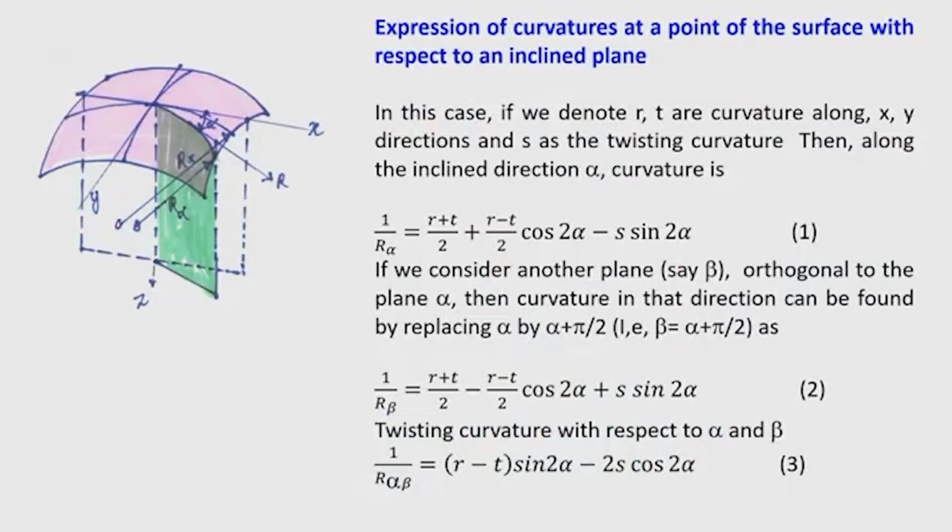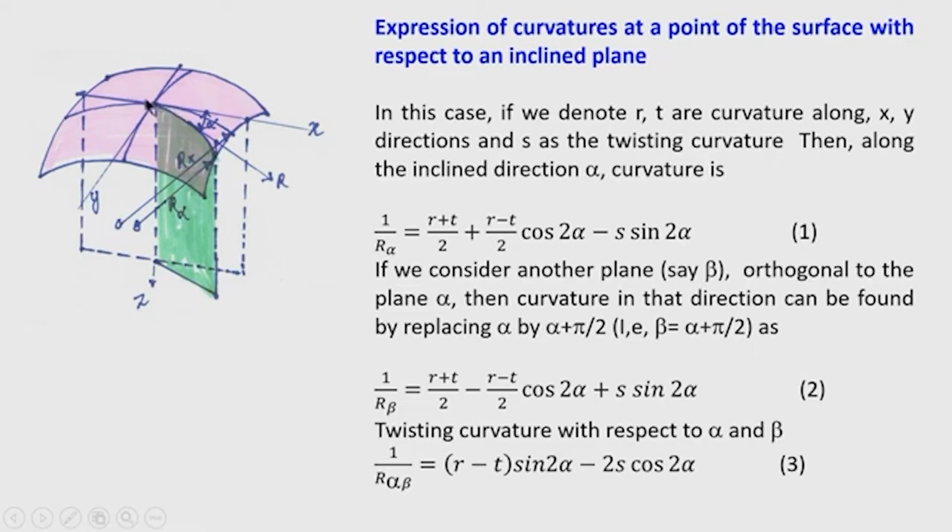So, if the new direction is alpha, we have to find the slope along alpha, that is del z by del alpha and del square z by del alpha square. Making this transformation of the derivatives, we get 1 by r alpha equal to r plus t divided by 2 plus r minus t divided by 2 cos 2 alpha minus s sin 2 alpha.